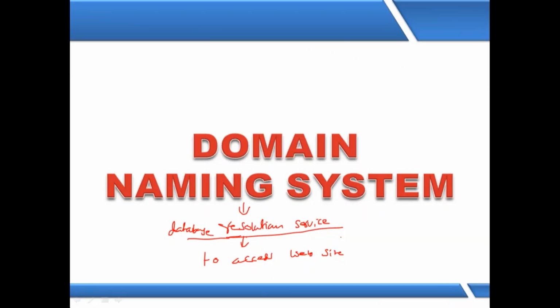So for that, you need to configure or maintain the DNS. If you want to access anything by name, you have to configure what? DNS. If you want to access with IP, no need of DNS. But IP is not easy to remember. If it is one or two, you can remember, but if there are many, you cannot remember. So for that purpose, we have to maintain the DNS service.